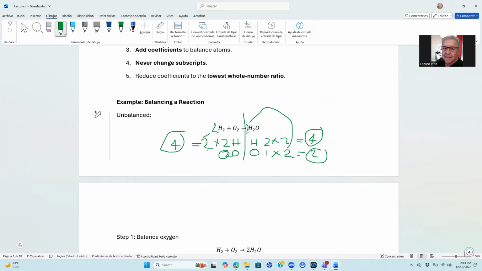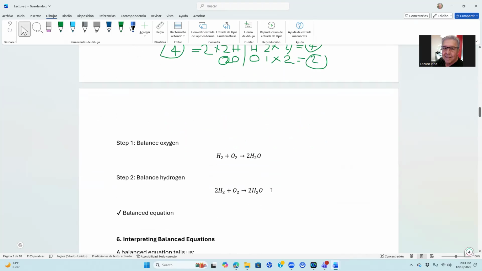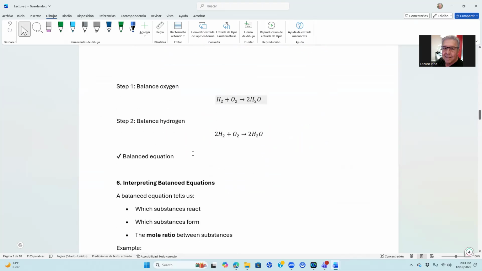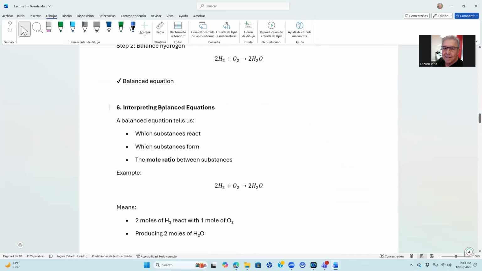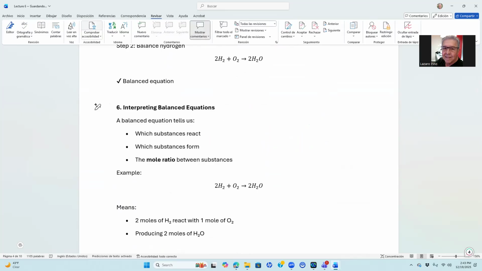Remember that this is the reason why we must balance a chemical equation. Well, here you have the step by step of what you were supposed to do. And now let's continue interpreting balanced equations.